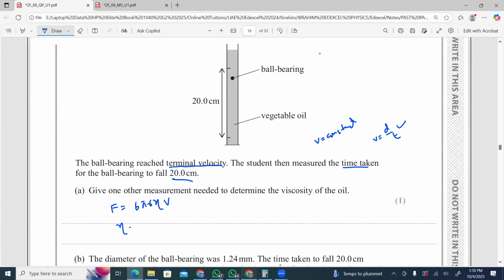Okay, so if you want to find out the viscosity, you have multiple options available. 6 pi r eta v, and in this F, you can write F equals mg over 6 pi r and v, right? So what do you think to write? Do you think radius is an option to find out the viscosity?